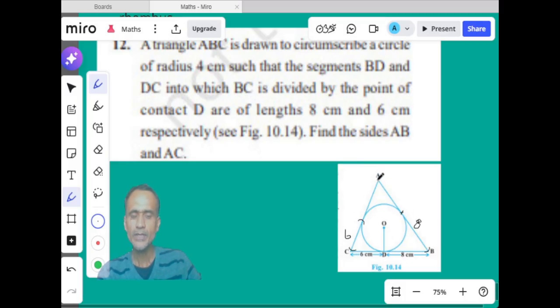But we know that the tangents drawn from a point outside the circle are equal. So we take this as x. The parts of the other two sides which are not known to us are equal. This much we know now.